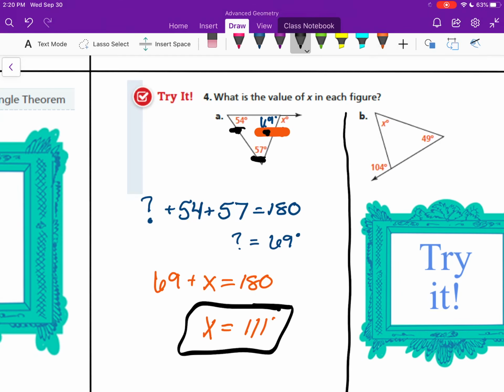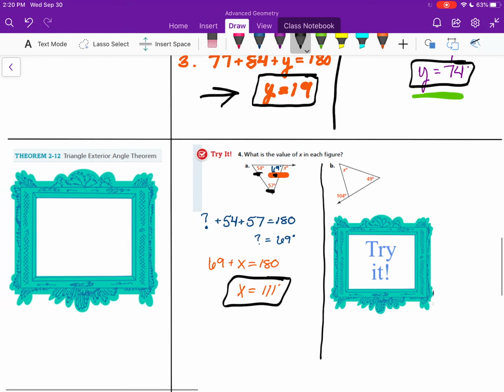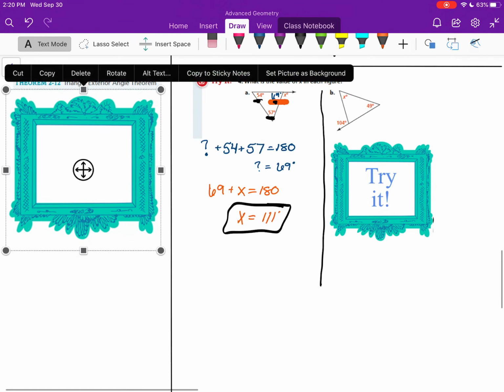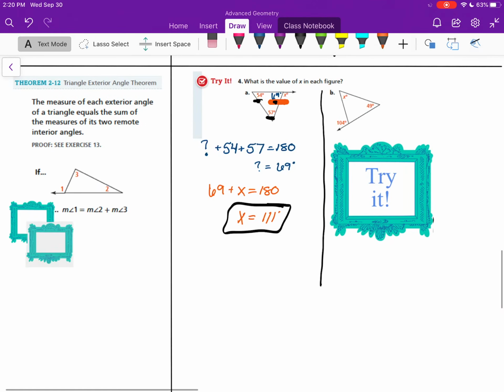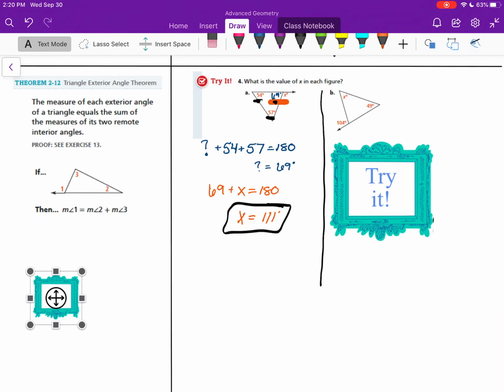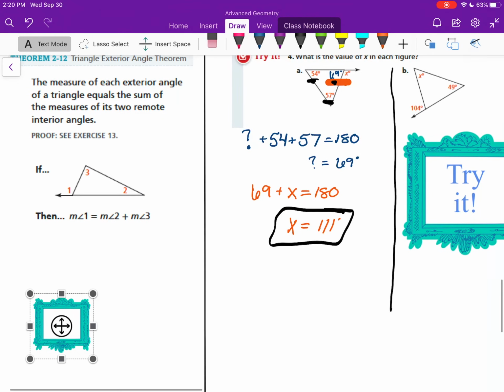which is going to lead us to the triangle exterior angle theorem that you can take on the little left-hand side: the measure of each exterior angle of a triangle, which is what we just found, equals the sum of the measures of its 2 remote interior angles. So remote means kind of like just across from.